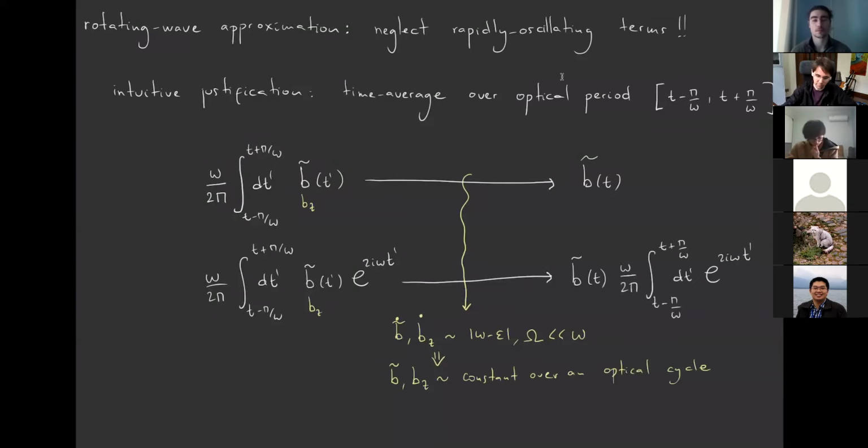And of course, the periodicity of this factor is exactly half of the cycle that we are checking. So in other words, we are doing 2 cycles of this harmonic function, and therefore this integration is equal to 0. So this is a very intuitive justification of why we can actually neglect these kind of terms.